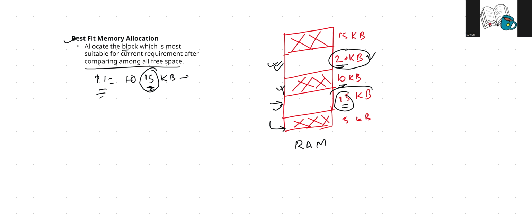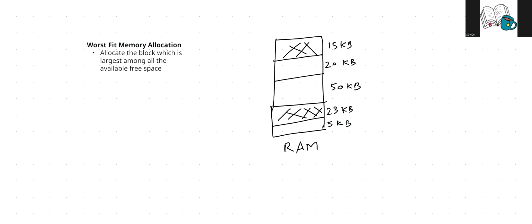Out of these two, the second block is where the operating system will allocate process P1, a hole equivalent to the size of the process requirement. This way, no memory will be wasted like it was wasted in the first fit memory allocation method, which we just discussed a little while ago.